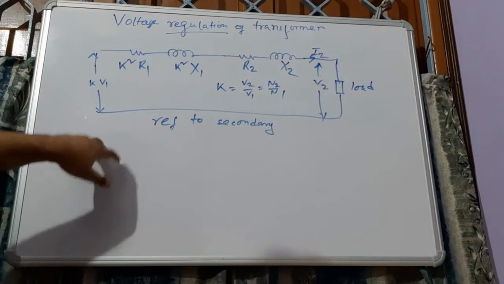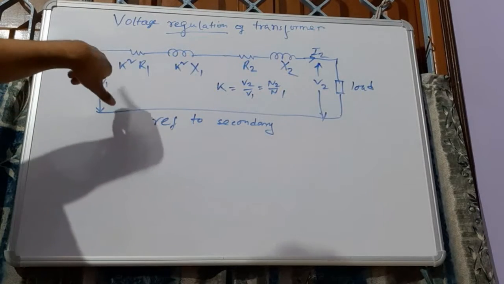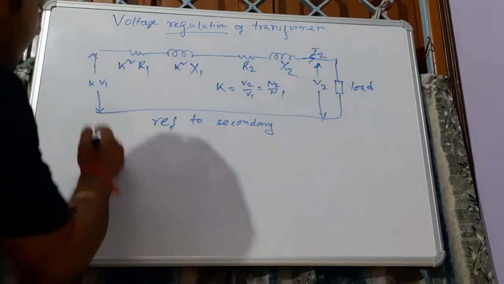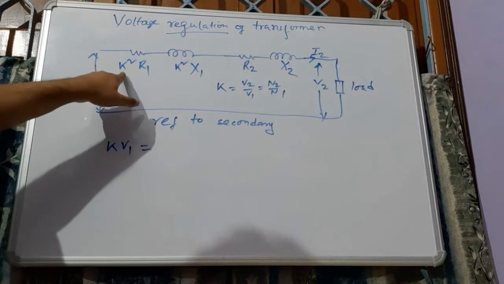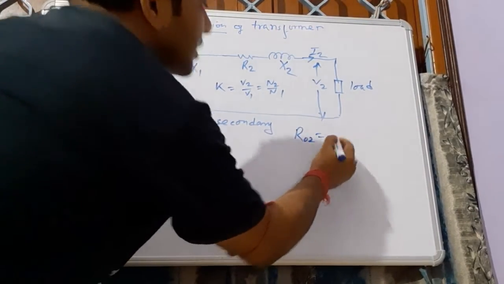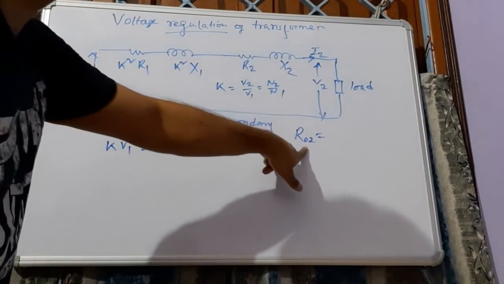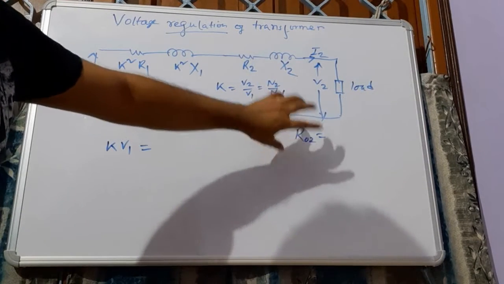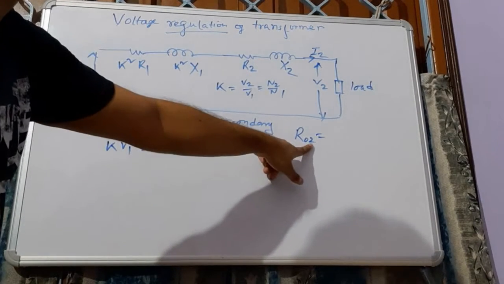Now if we take the KVL equation from this equivalent circuit, KV1 equals to, okay, take R02. As this equivalent circuit is referred to secondary, we need to measure the total resistance of this circuit, total resistance referred to secondary.